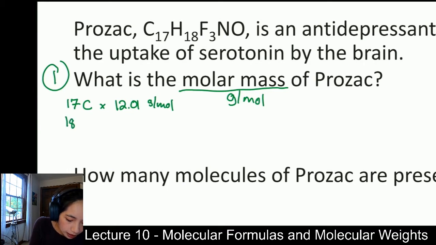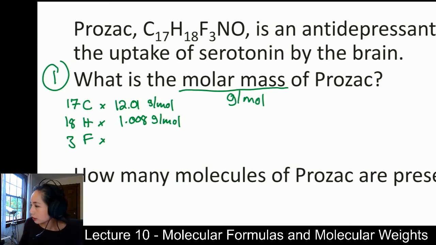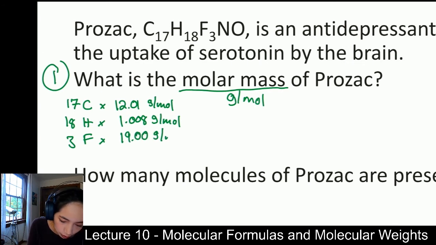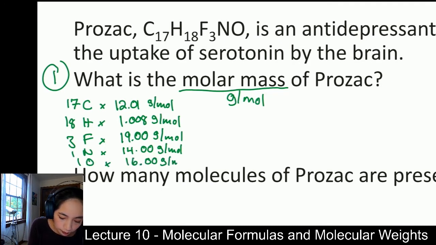There are 18 hydrogens, 1.008 grams per mole. There are 3 fluorines. Fluorine has a molar mass of, what is it? Oh, do I have it here? Yeah, it's 19.00 grams per mole. There's 1 nitrogen that has a molar mass of 14.00 grams per mole, and then an oxygen that's 16.00 grams per mole.